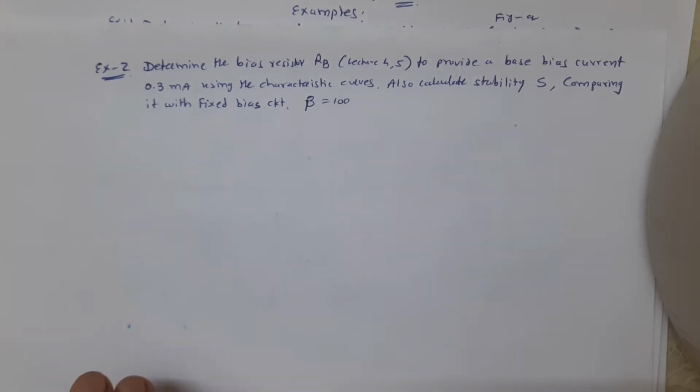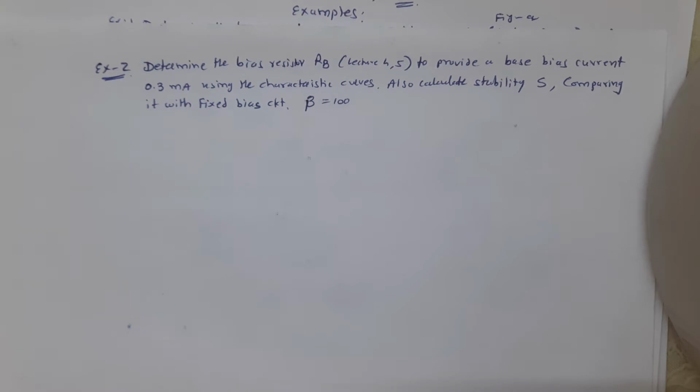For this, again we are discussing the figure of the common emitter amplifier with emitter bias resistor RE, which is given in lecture 4 and 5, and the transistor characteristic curves with DC load line, which is given in example 1. It is already drawn in example 1.